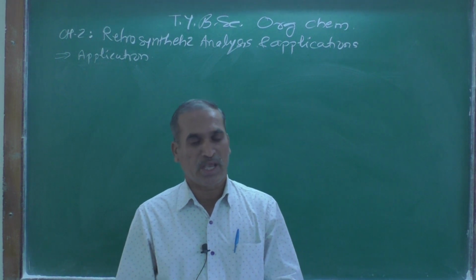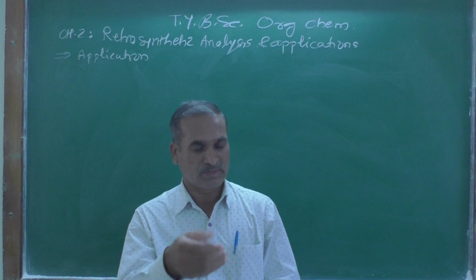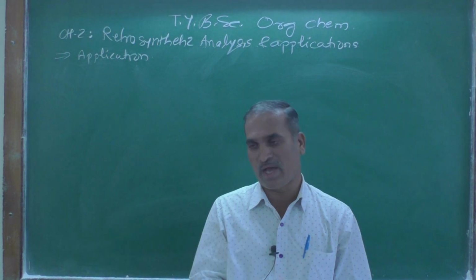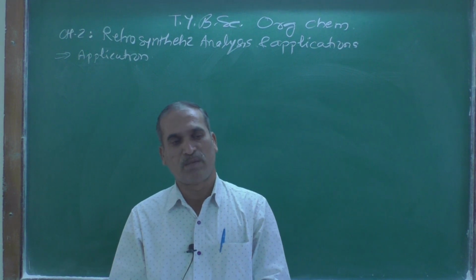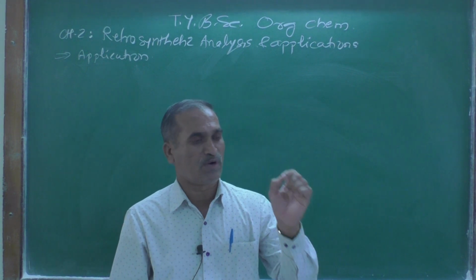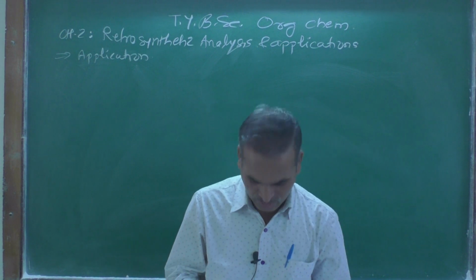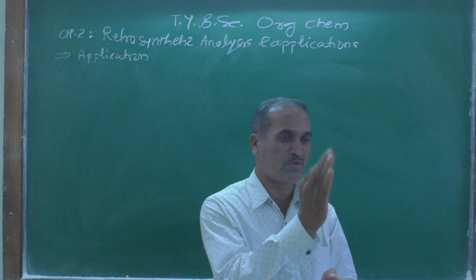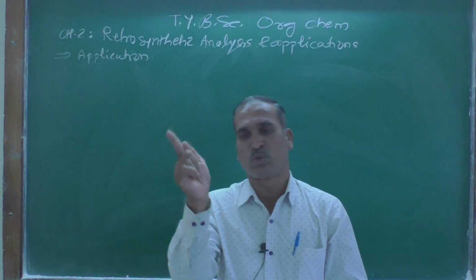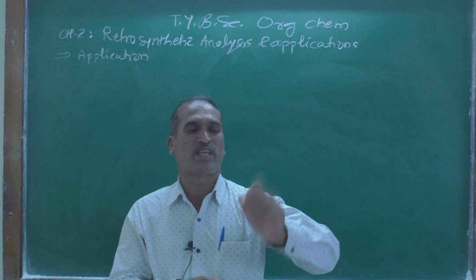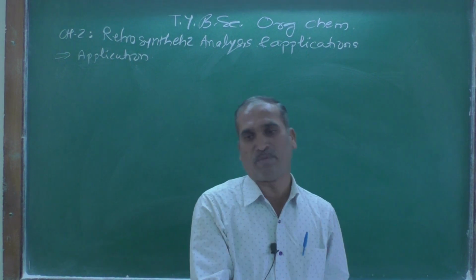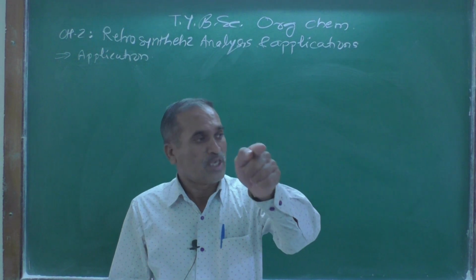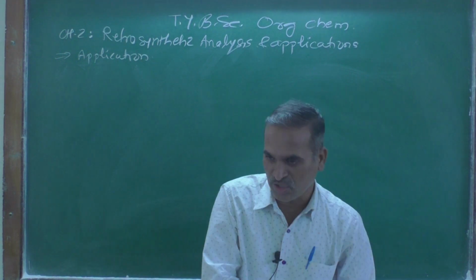And the last point, the eighth point, is FGI. The full form of FGI is functional group interconversion. Functional group interconversion means one functional group is converted into another functional group so that disconnection becomes possible, and generally it is written as FGI over the disconnection arrow.